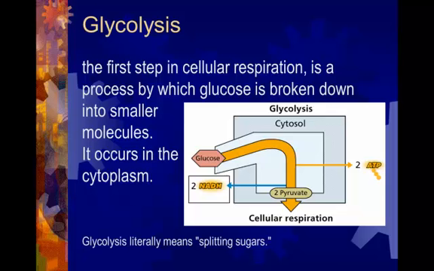Later on, we're going to learn that without oxygen, glycolysis allows cells to make small amounts of ATP, and that process is called fermentation, under anaerobic cellular respiration. So all you need to know here is the definition of glycolysis.